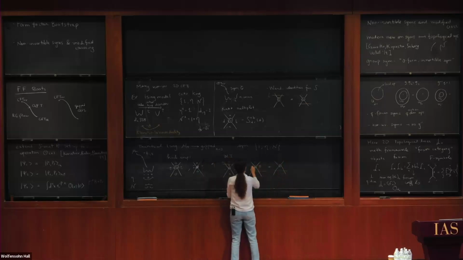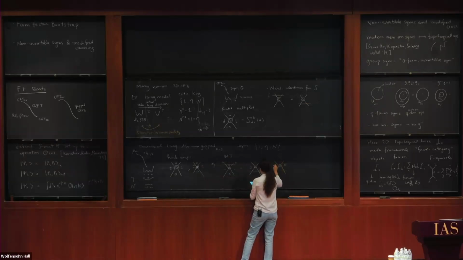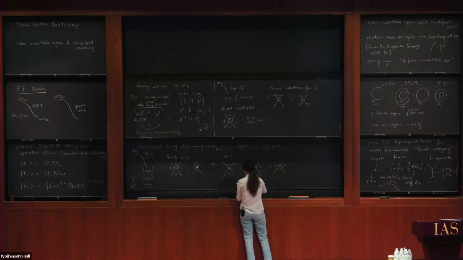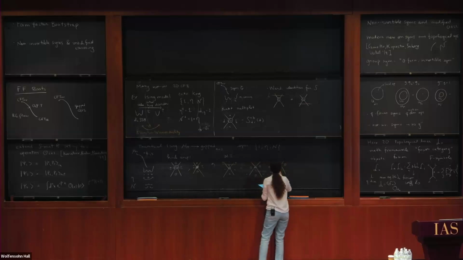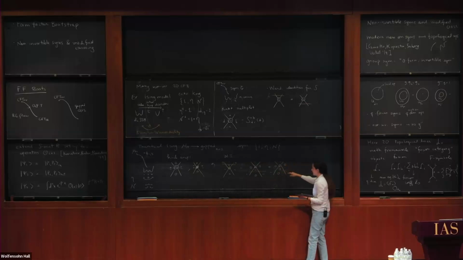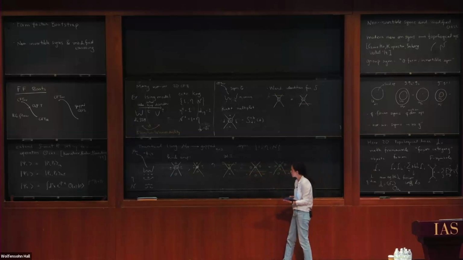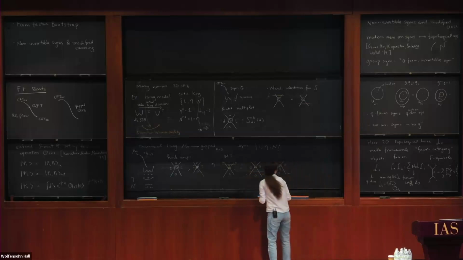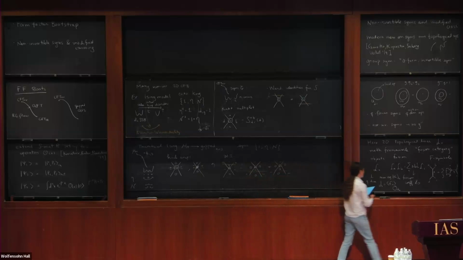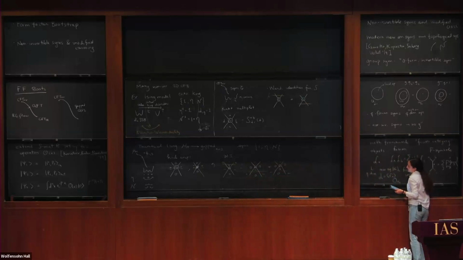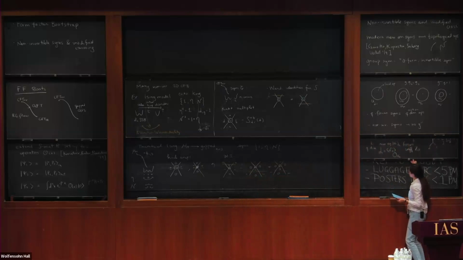So then I have the same here on the top. But now I have two options here in the middle. So whatever amplitude I have, it should satisfy this particular equation.